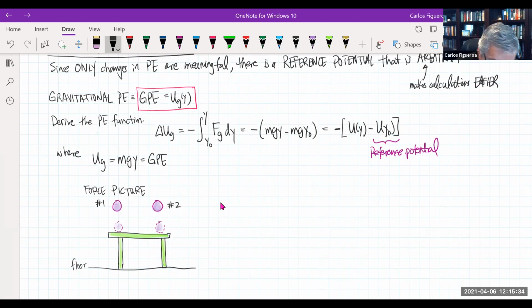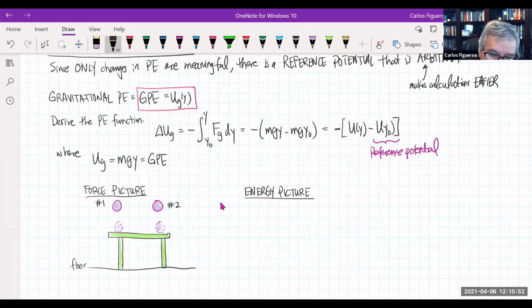So when I look at this picture here, I want the energy picture. So what does the energy picture do that's different than this?